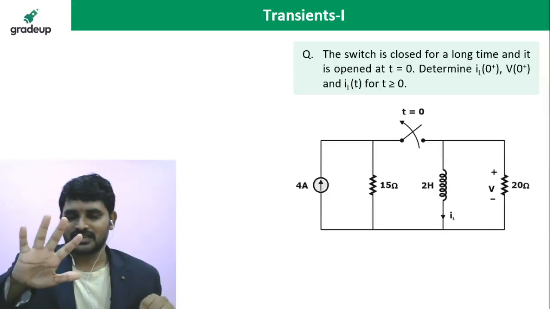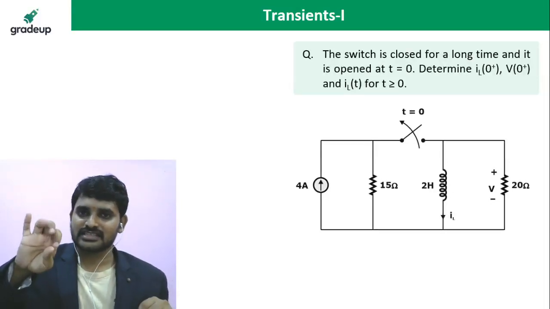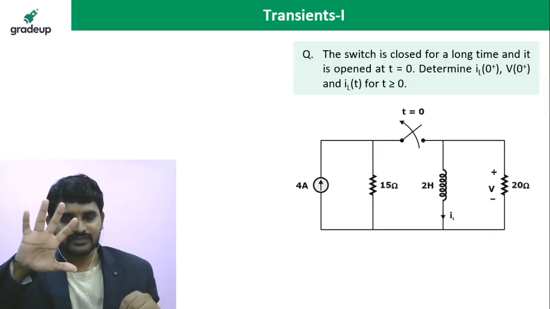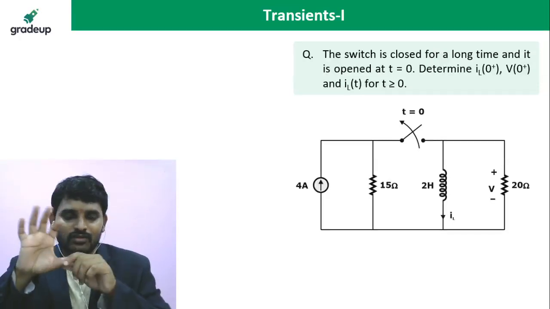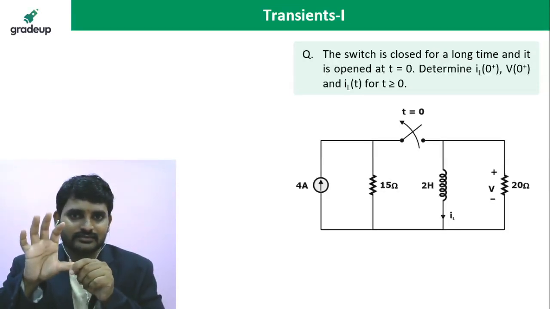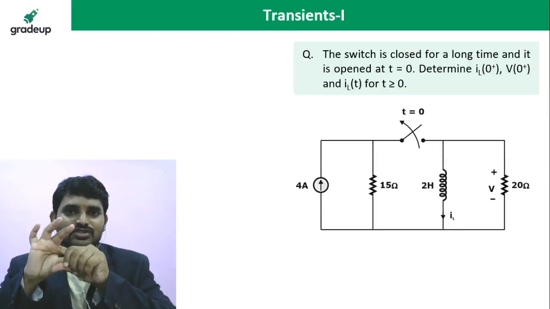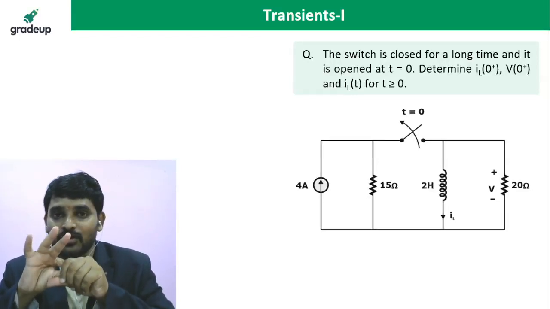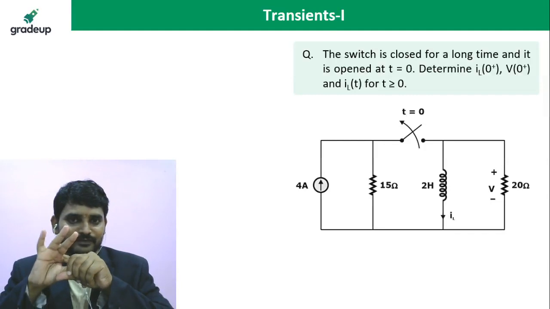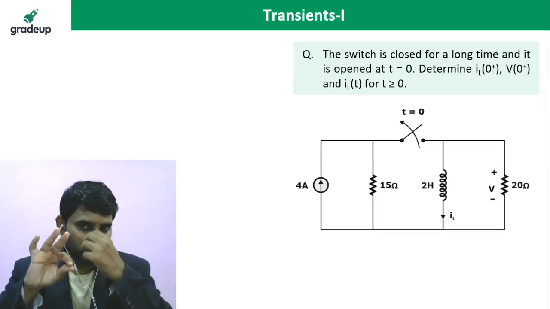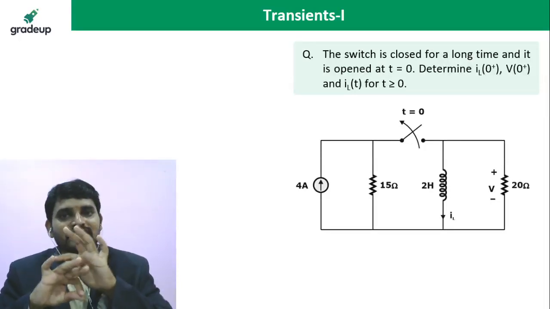Only 5 elements are there: voltage source, current source, resistance, inductance and capacitor. Out of these 5 elements, voltage is a battery. So just leave the source elements, and speak about passive, non-source elements. Those are resistance, inductance and capacitance.